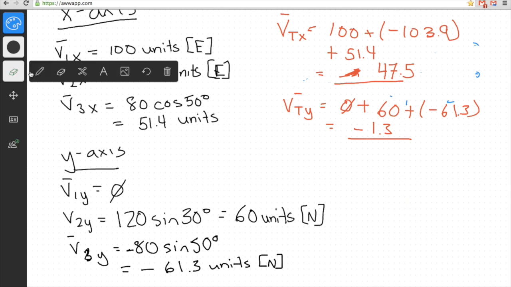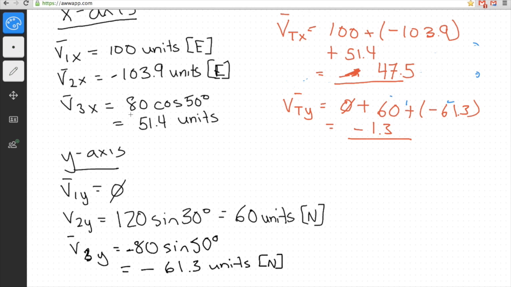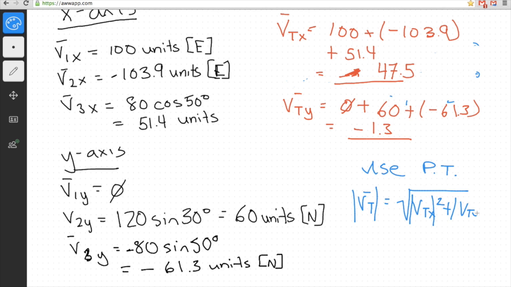Now we'll use Pythagorean theorem, where Vt, the magnitude of it, which is what these bars mean, is equal to the square root of Vtx squared, the magnitude of that, plus the magnitude of Vty squared.